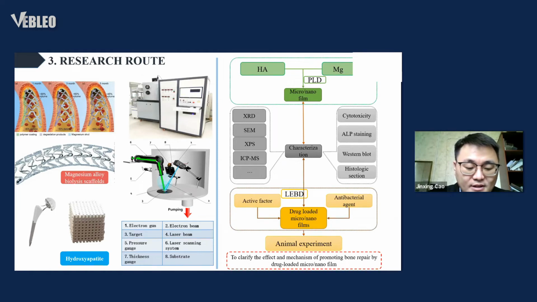The equipment in the figure is a pulsed laser assisted low energy electron beam deposition device for preparation of the sustained release film. On the right is the experimental process of this study.